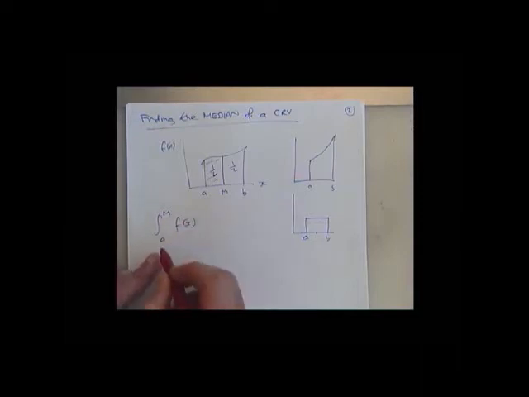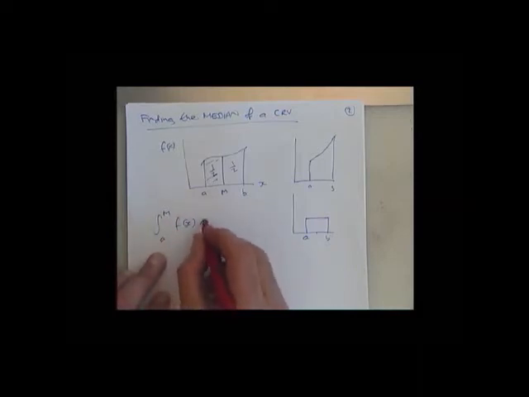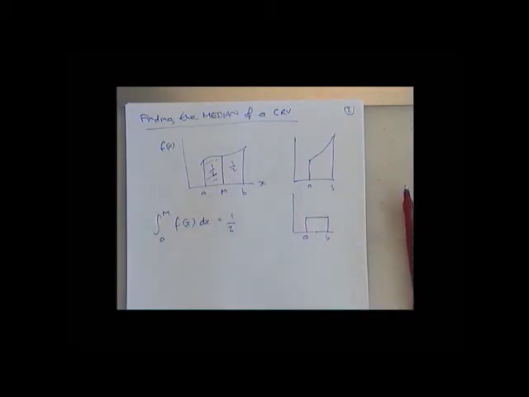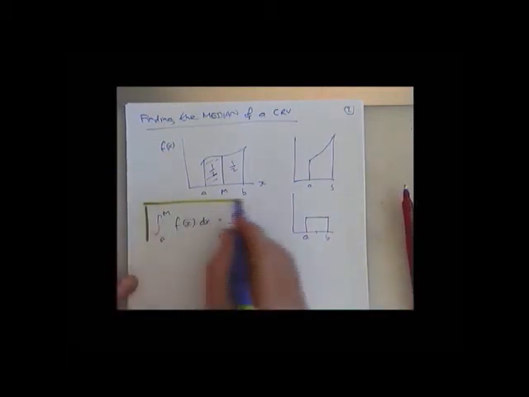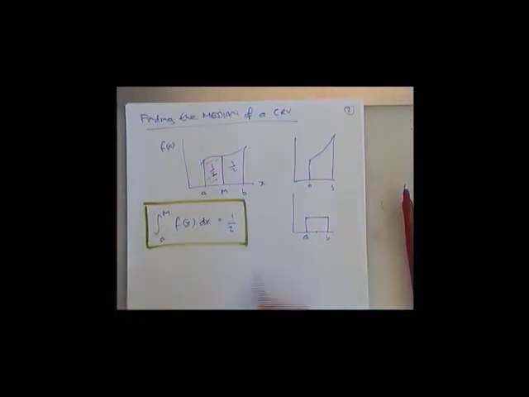Okay. You're integrating from the lower limit up to the median, the function, and you know the answer to that integral is a half. That is like the definition of the median. So you integrate your function from the lower limit up to this M, which is what you're trying to find out, and you set the answer to be a half.